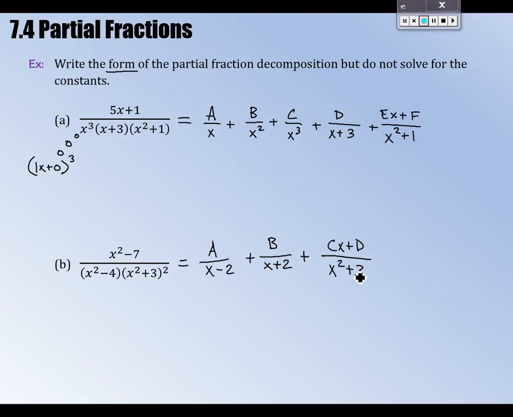It said not just for linear factors do we need to do this repeated stuff. We also have to have x squared plus 3 squared. If it was to the third, we'd have to do it again. And on top, we need Ex plus F. And again, in this particular example, we have 6 constants to solve for. I got Jx. All right, whatever you like.